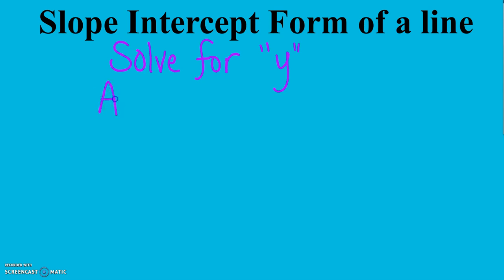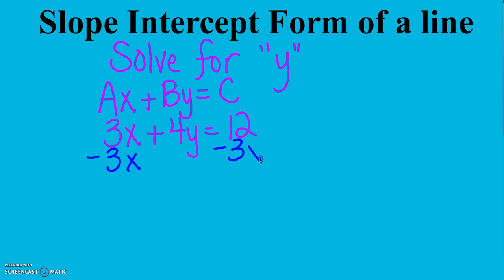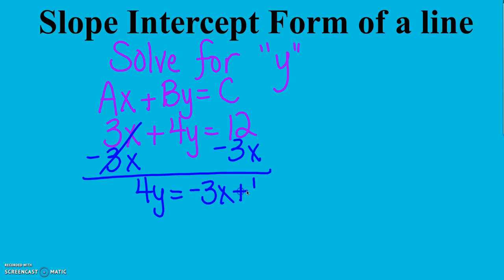So if I have ax plus by equals c, and we can make that 3x plus 4y equals 12. And if I want to get this in slope-intercept form, then the first thing I need to do is solve for y. So I'm going to start by subtracting 3x. That leaves me with 4y equals negative 3x plus 12.